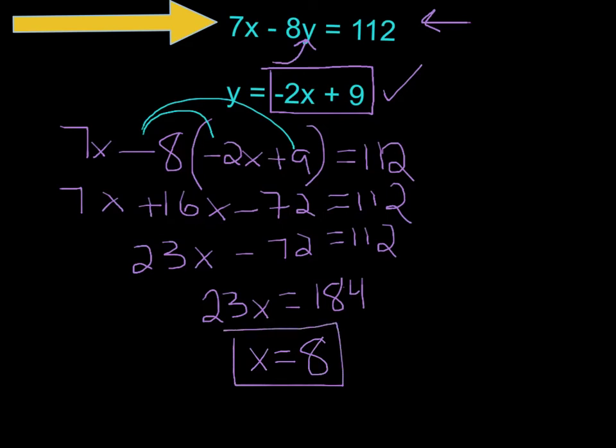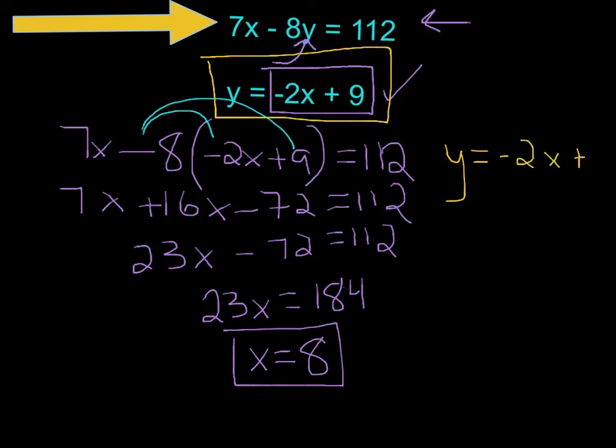So we have half of the solution. We still have to find y. But this is pretty easy because all you have to do is plug in x into the equation that's in slope-intercept form, because it's y equals negative 2x plus 9, and you just have to plug in 8 for x. So y equals negative 2 times 8 plus 9.